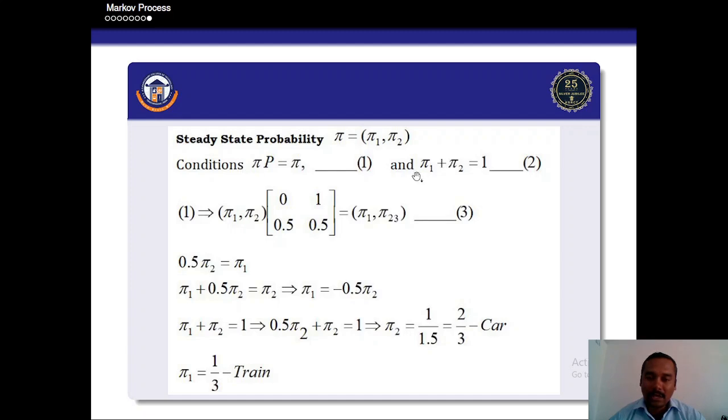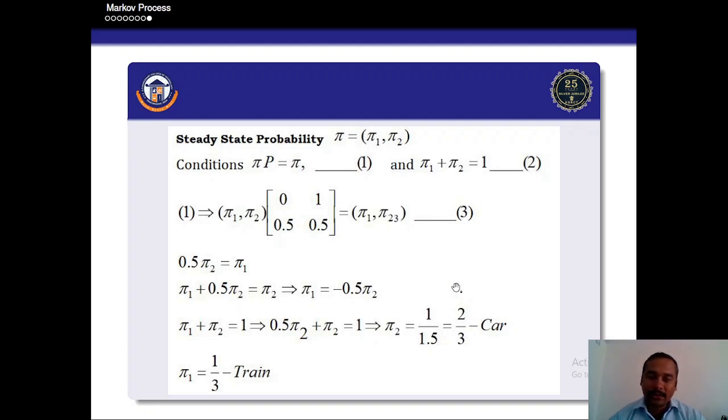Use these two equations in equation 2 to get the values of pi 1 and pi 2. So pi 1 equals 1 by 3 and pi 2 equals 2 by 3. Pi 1 is for train, pi 2 for car.